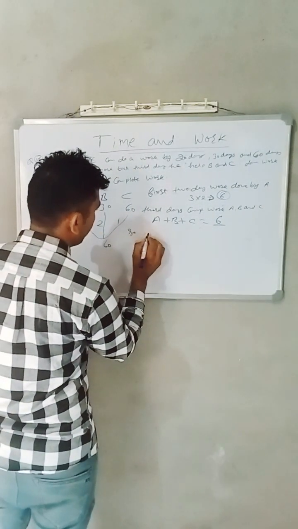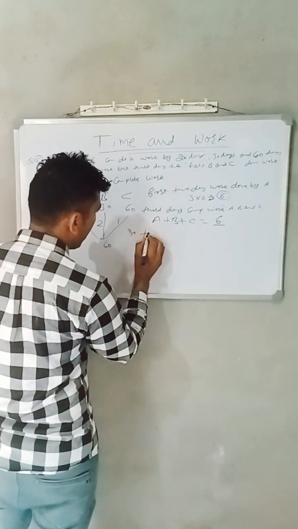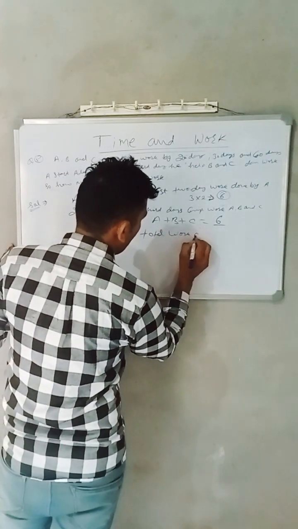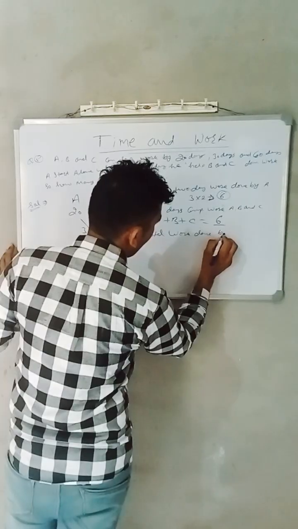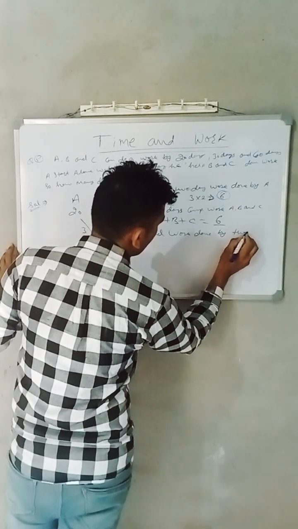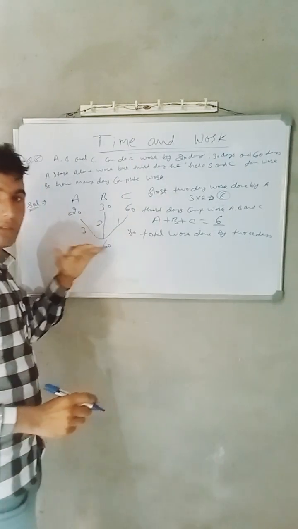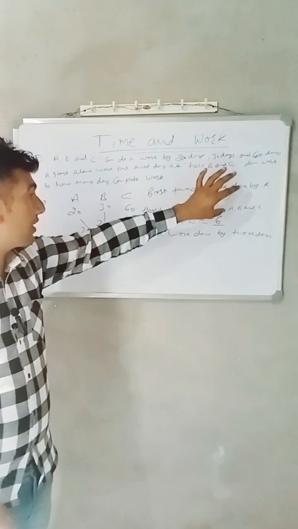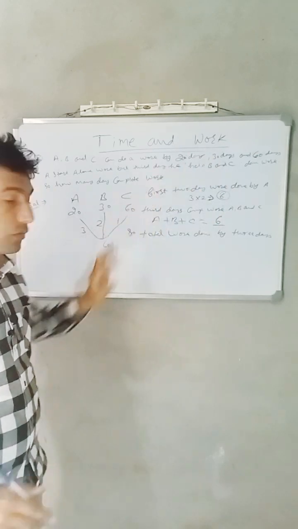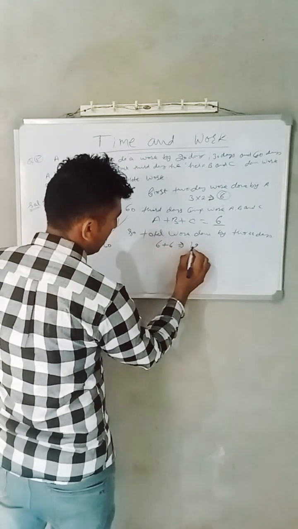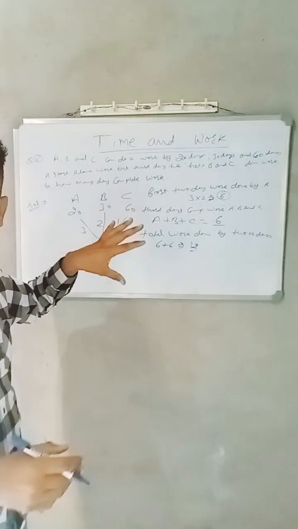So the total work done in 3 days: 6 for 2 days, 6 is equal to 12. 12 parts are completed in 3 days.